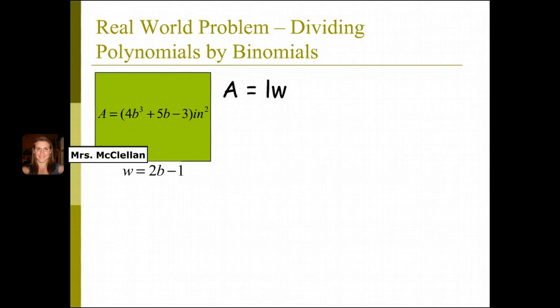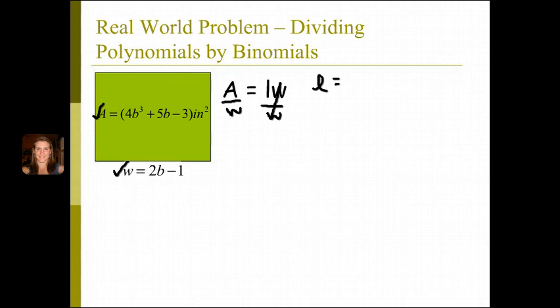Okay, so here's a real world problem when you might divide a polynomial by a binomial. We've been given the area and the width, so we are solving this equation for length. In order to solve that with our formula, we need to divide both sides by w, and you see that length equals the area divided by the width. Okay, so we need to put our binomial on the outside of the division bar.